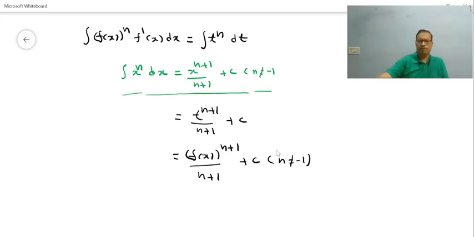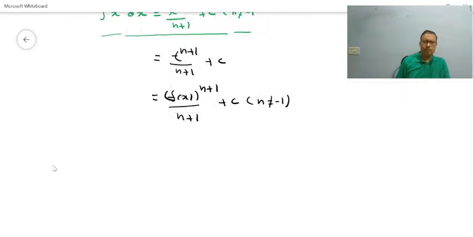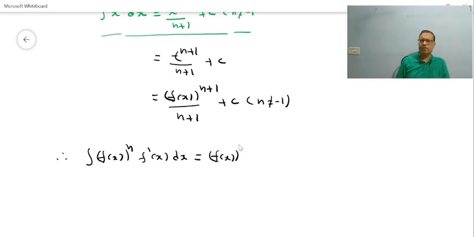So therefore, the integral of (f(x))^n f'(x) dx is equal to (f(x))^(n+1)/(n+1) plus constant, where here n is not equal to minus 1.